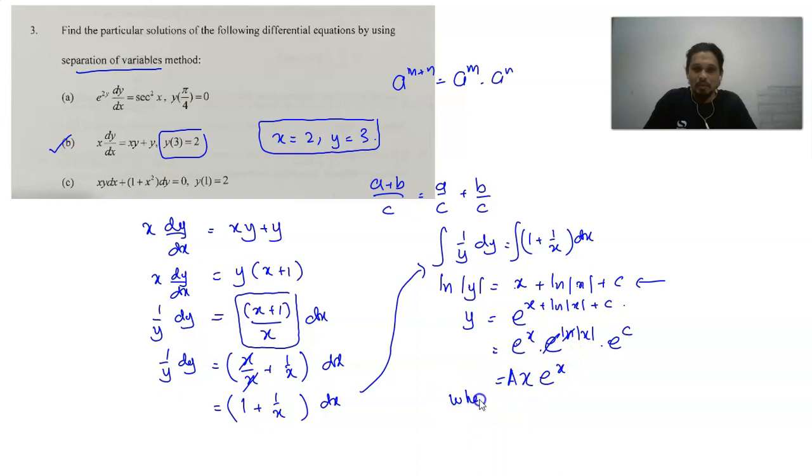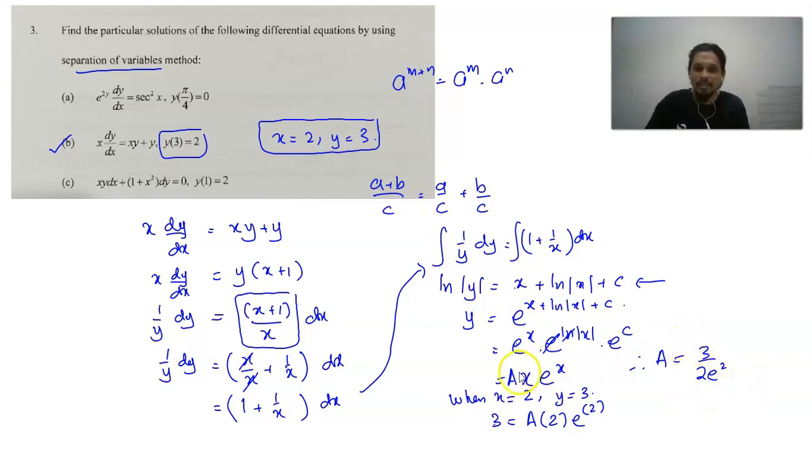So when x equals 2, y equals 3, 3 equals a times 2 times e squared. Then we'd like to find the value of a, which is 3 divided by 2e squared.